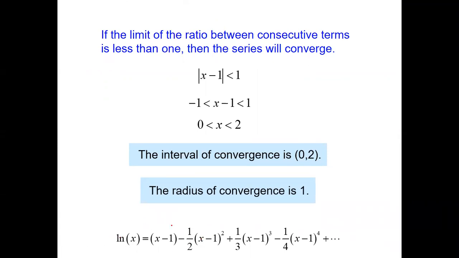Therefore, I can say that this polynomial is going to converge to the ln of x on the interval from 0 to 2. You can think about that graphically. Also, if I pick any number between 0 and 2 and substitute it into the polynomial, it is going to give me a polynomial that will ultimately sum up to whatever the ln of x is at that value.